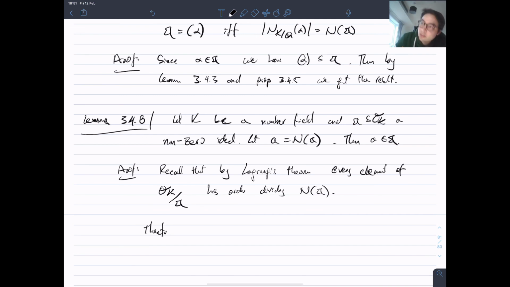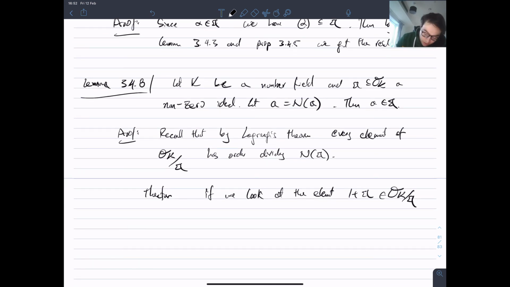Therefore, if you look at the element 1 plus my ideal in this quotient, so just the number one in this quotient, if I multiply by a, this has to be 0, because my little a is a norm.